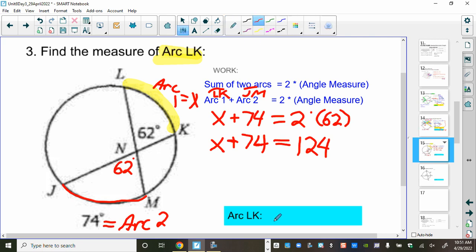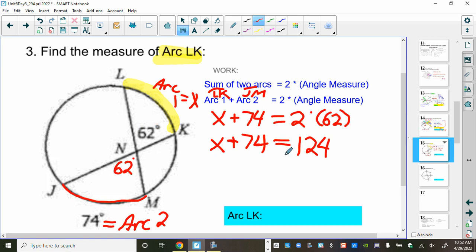Not 180 minus 74. Remember, don't do that. Because remember, the average of these two arcs will be 62 degrees. So that's why we have to identify our two arcs that are opposite the angle.